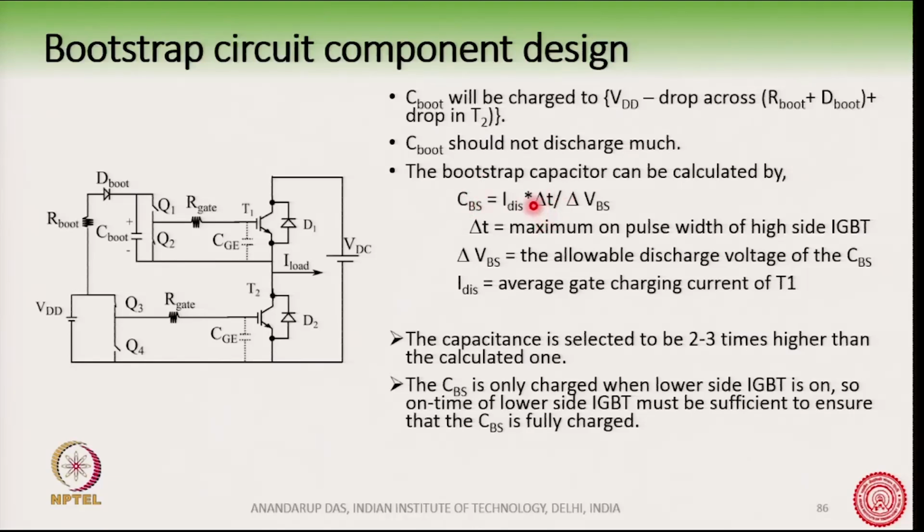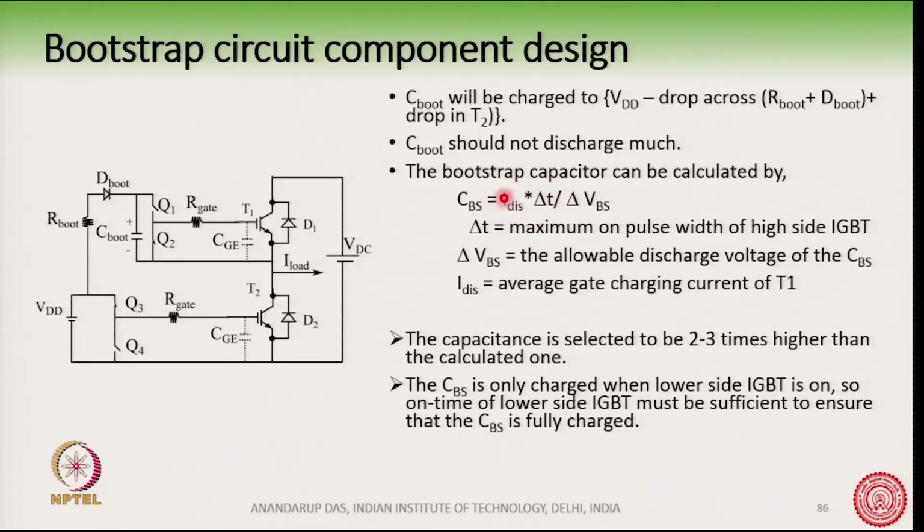It will discharge for the maximum on pulse width of the high side IGBT, right. So, the duration for which this transistor is on is the delta T time, and the average discharge current is I dis.